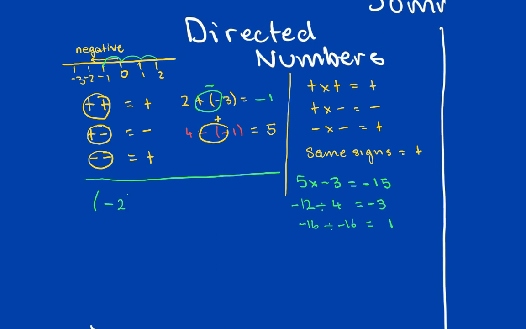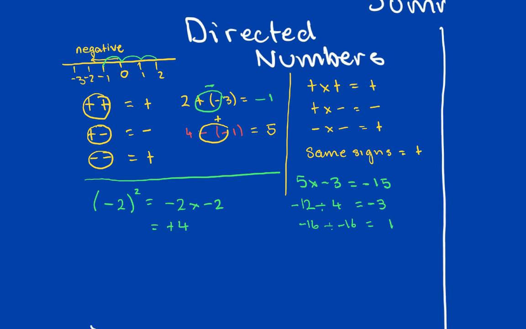Let's see, what else is there to do? Let's look at some square numbers. What does it mean if I say negative 2 squared? It means negative 2 times negative 2. Which is 2 times 2, 4, negative times negative, which is plus.